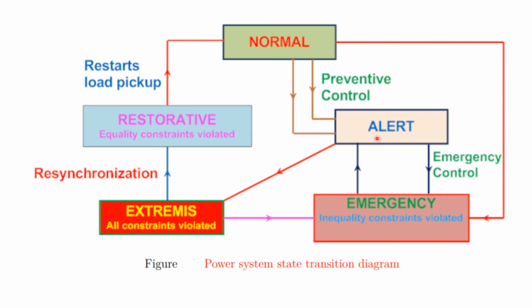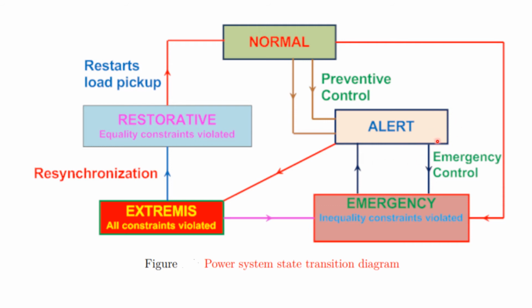Quality here means power quality, the voltage waveform shape. Whatever we deliver at the consumer end must be reliable, quality power. From alert state, if the fault is severe, it may directly move on to extremist state also.